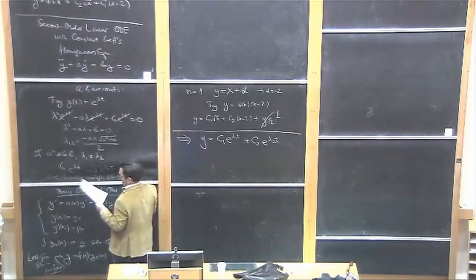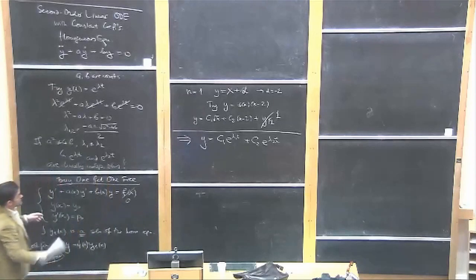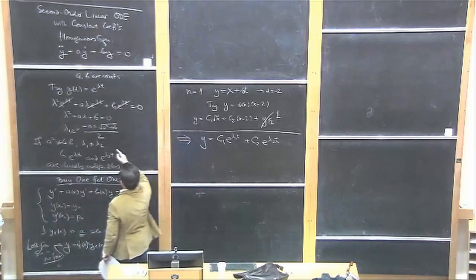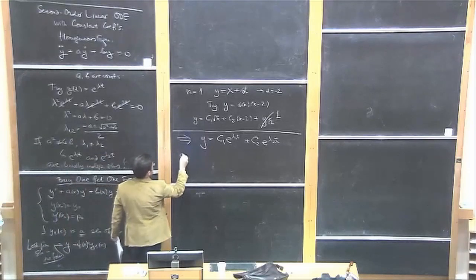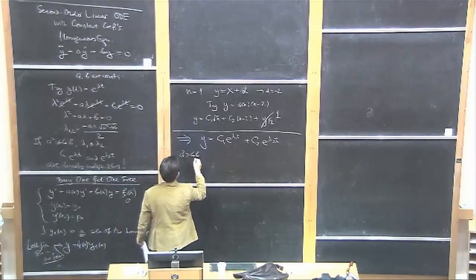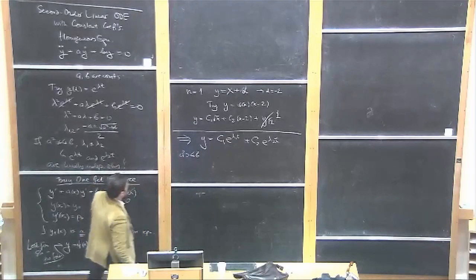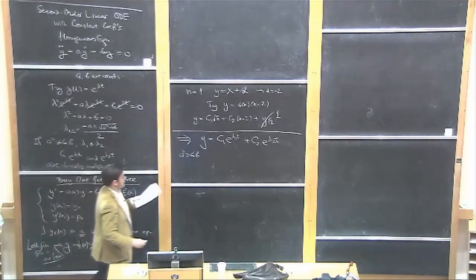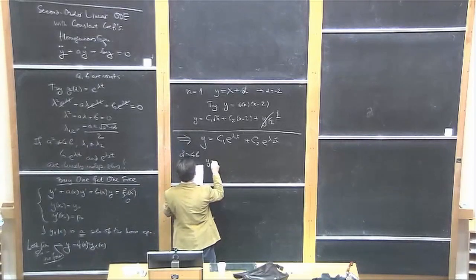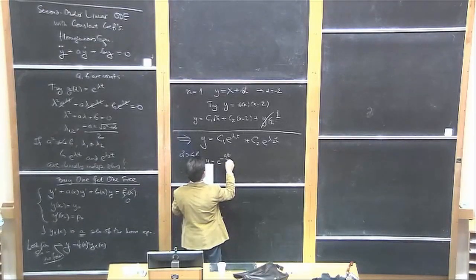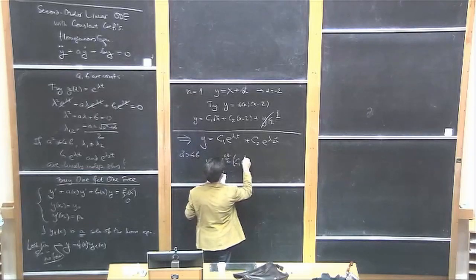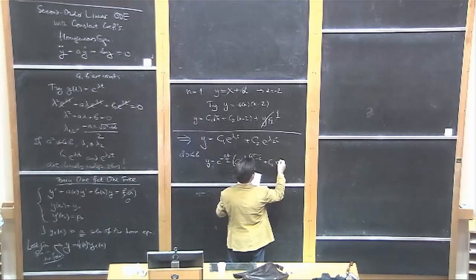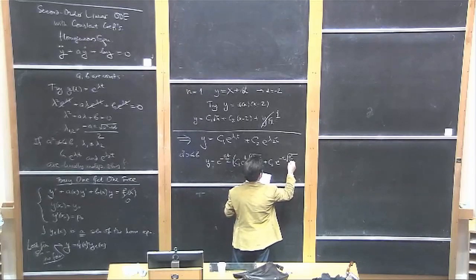If we want to dwell a little on what this says about the solution to the problem, there are two obviously interesting cases. One is if a squared is larger than 4b. This is a b, not a 6. Then both lambdas are real, and so y is equal to e to the minus at over 2 times c1 e to the t square root of a squared over 4 minus b plus c2 e to the minus t square root of a squared over 4 minus b.